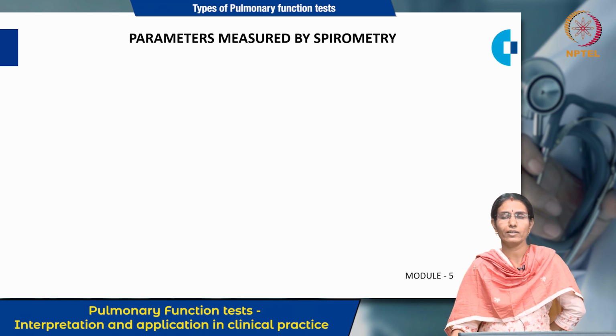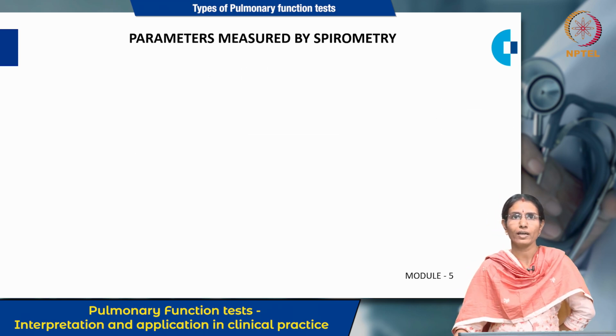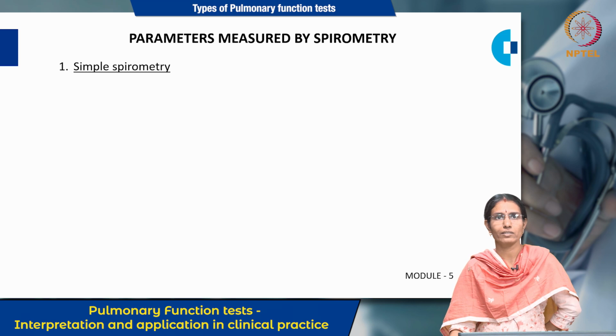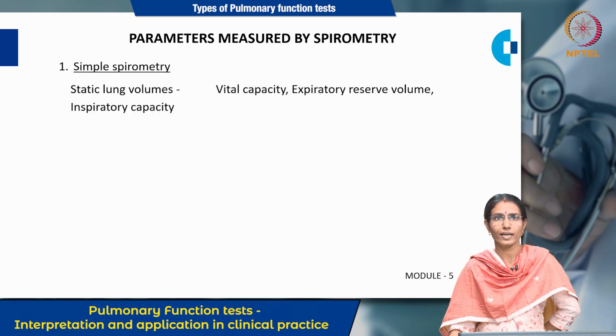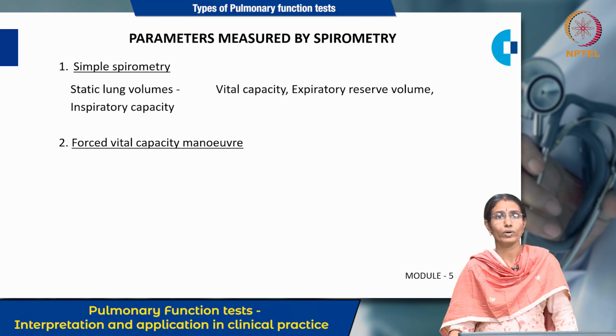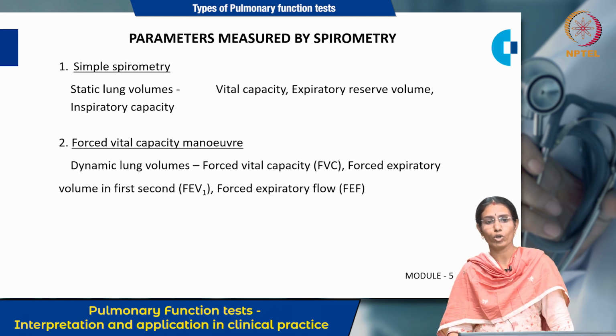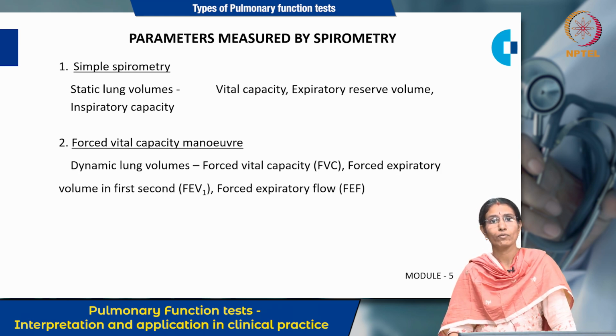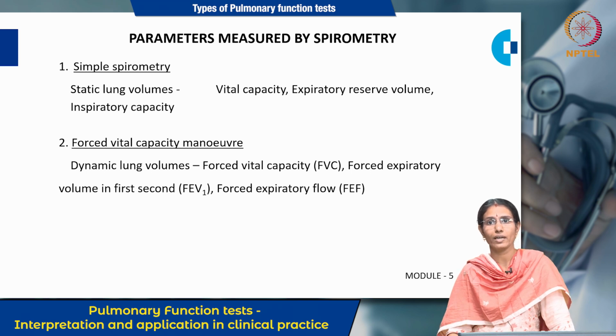What are the parameters measured using the spirometry technique? A lot of parameters are measured using the spirometry technique. There are simple spirometry techniques to measure the static lung volumes like tidal volume, expiratory reserve volume, vital capacity, inspiratory capacity. Using the forced vital capacity maneuver, dynamic lung volumes like forced vital capacity, forced expiratory volume in 1 second, and forced expiratory flow can be measured.